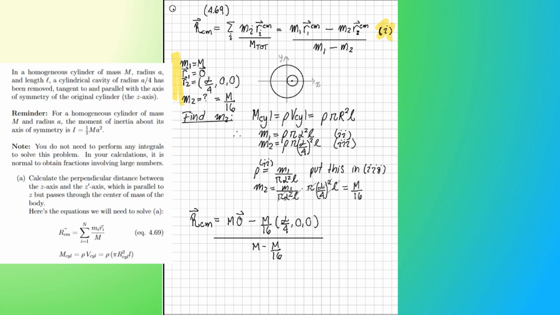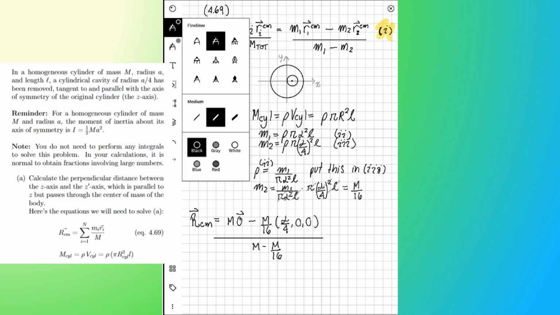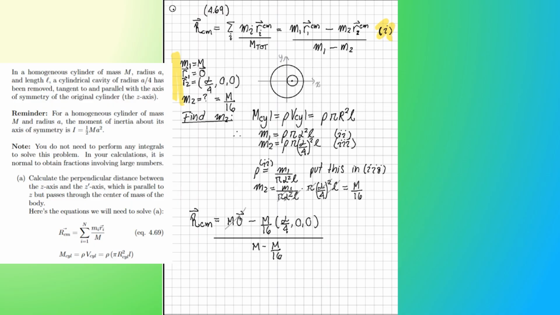Now we can solve this. 0 goes away. This is equal to 15 divided by 16. 16 goes away.